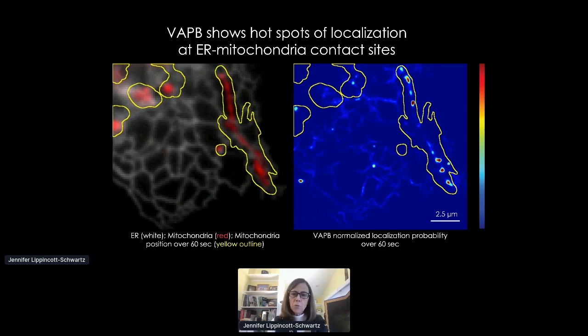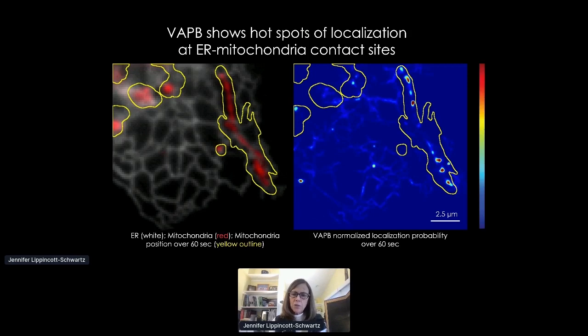Now, this is super resolution because as we're tracking, we can fit the centroid of the individual VAP-B molecules that we're tracking. And from that, we can get a spatial map at super resolution of all of these molecules on the surface of that mitochondria. And that's what you can see here to the right.